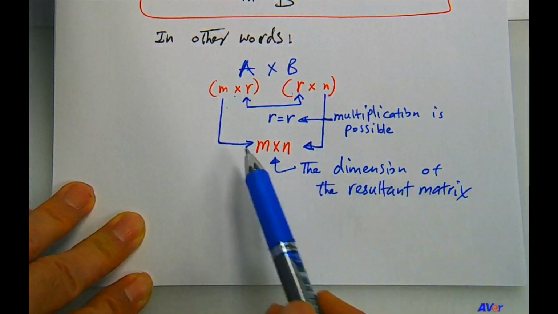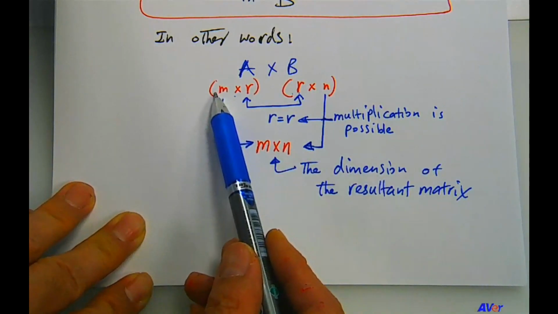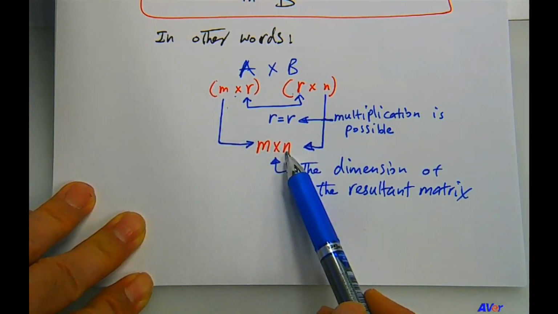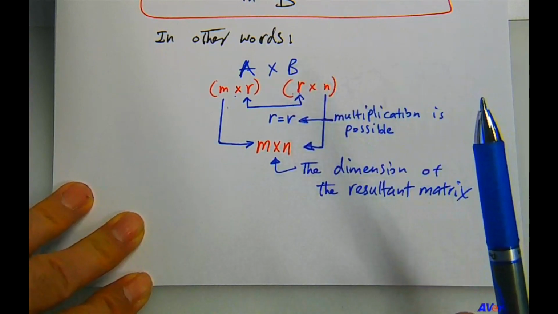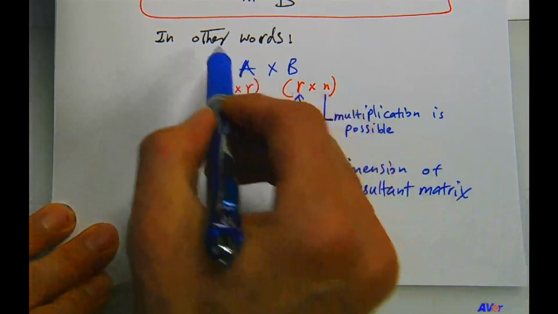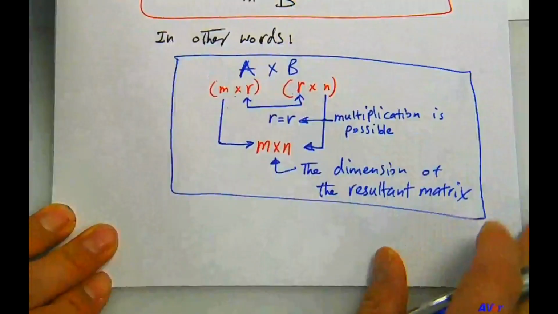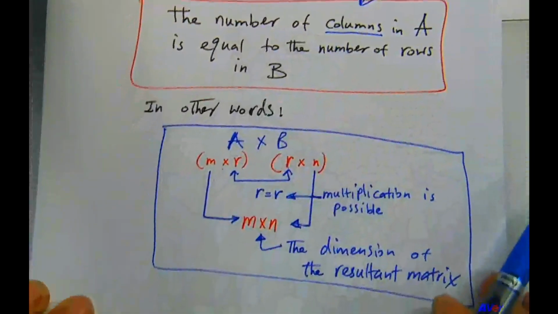In other words, the number of rows of the resultant matrix are going to match the number of rows of the first matrix here. The number of columns of the resultant matrix are going to match the number of columns of the second matrix here. That's the same thing we said up here, but more in symbolic form.